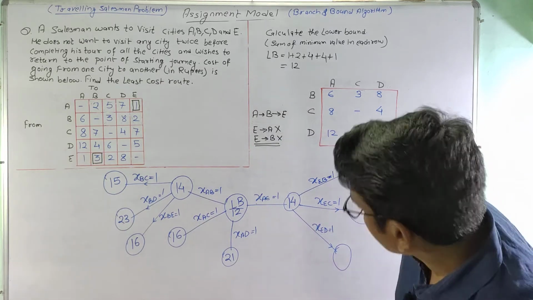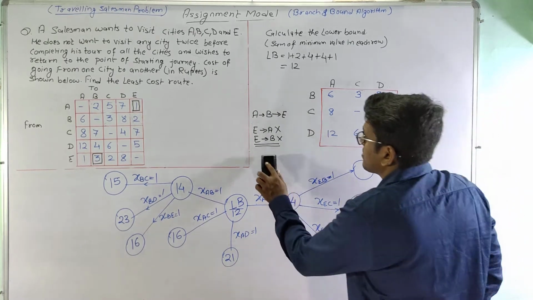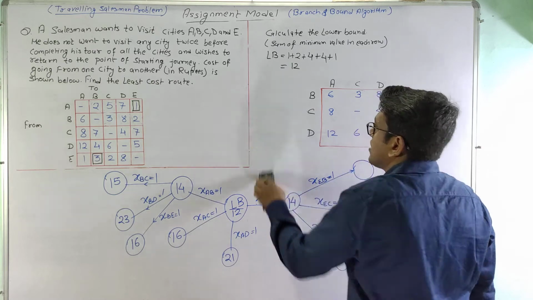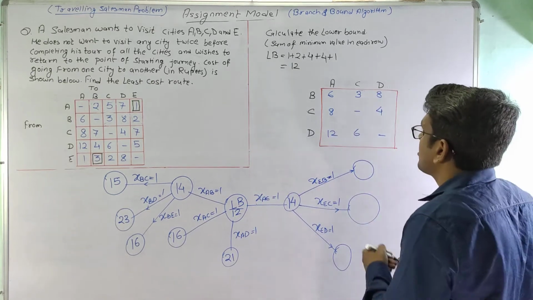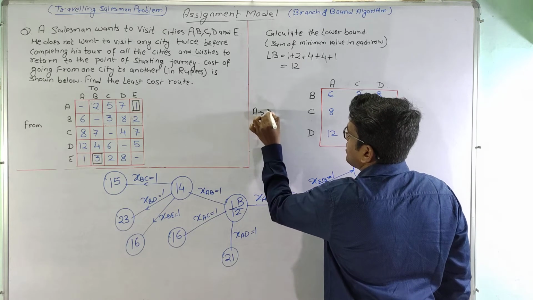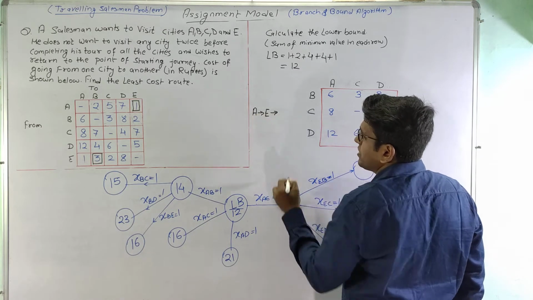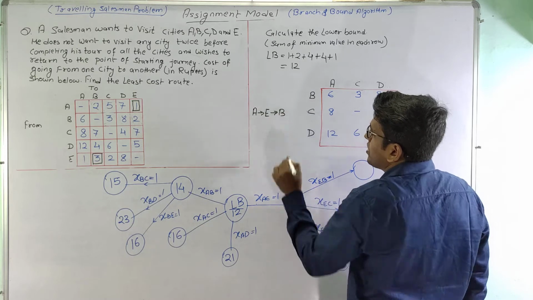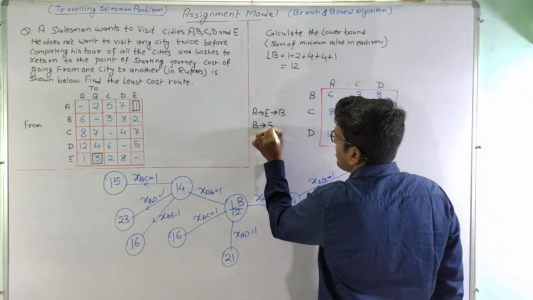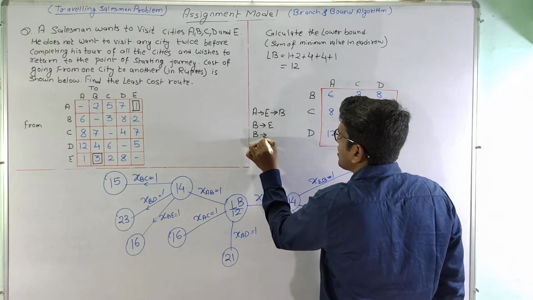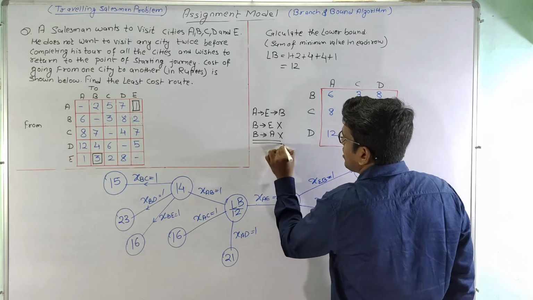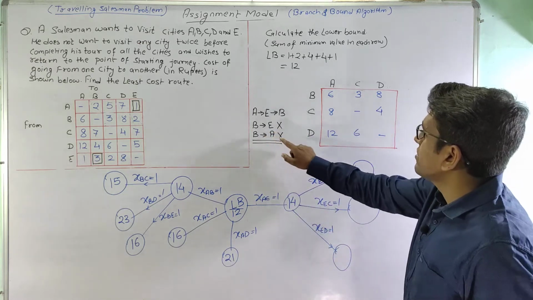And now after we have seen how our matrix has been reduced, again we will see the series in which the salesman travels. So it is going from A to E and now from E to B. So this means that it cannot go from B to E or B to A because it will create a subtour. So B to E and B to A is not possible.